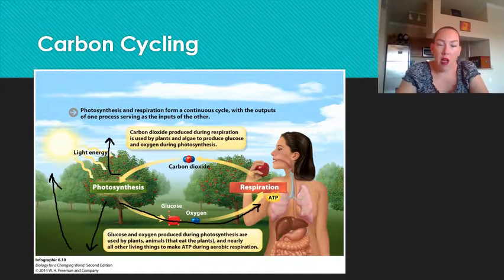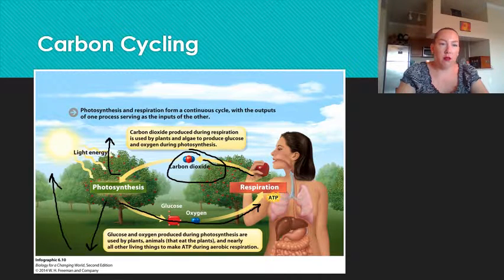So a lot of that matter from our food is stored as fat. When you go to lose weight, you're breaking that fat down, changing it into glucose, aerobically respiring it to get those electrons, right? And then it's released out of our bodies as carbon dioxide, which maybe you haven't thought about, but it's really cool.